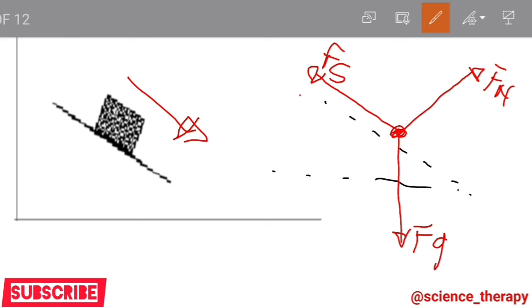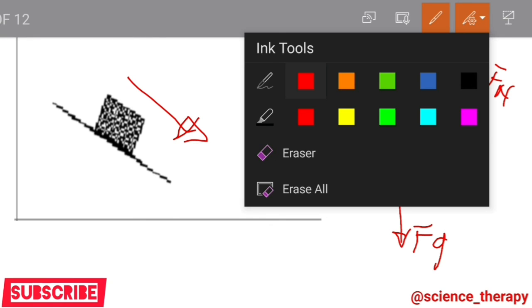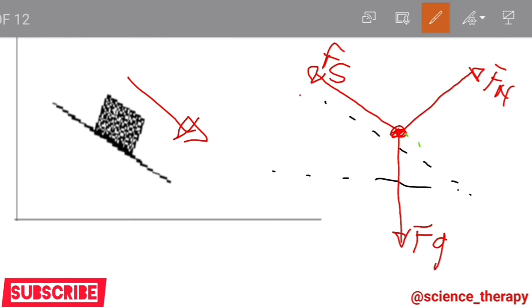That means the static frictional force is acting upward, right? So until we overcome that maximum static friction, the object will start to slide down. Now, if you are to resolve, FG parallel will be acting downward, and straight in line with your normal force will be FG perpendicular. And that's how you have your free body diagram.